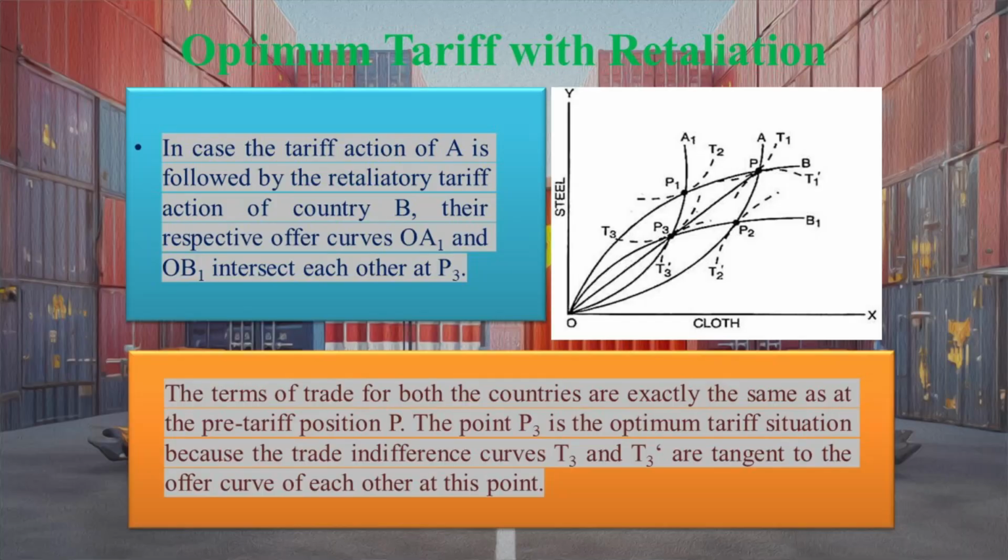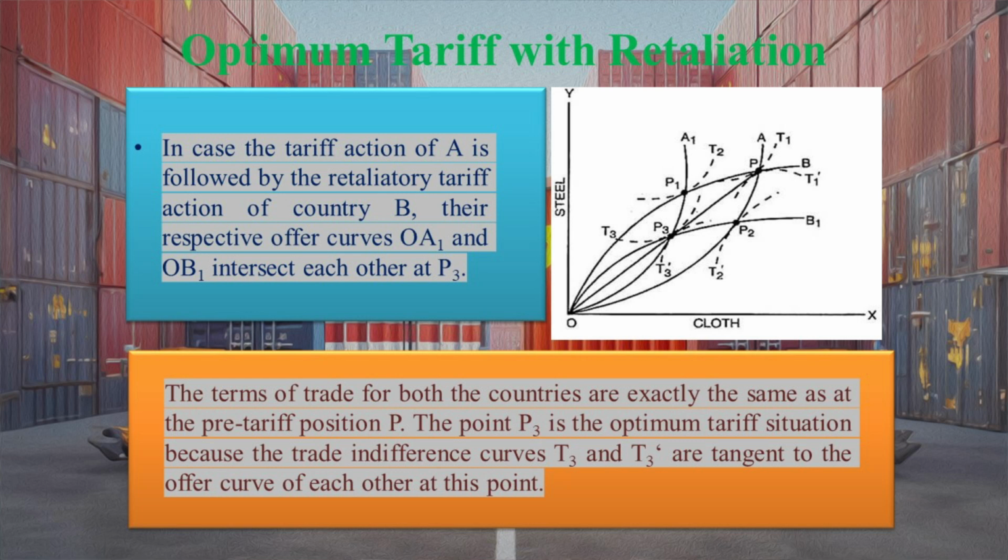So in case the tariff action of A is followed by retaliatory tariff action of country B, their respective offer curves OA1 and OB1 intersect each other at point P3. Now interestingly, when country A imposes tariff and to retaliate country B also imposes tariff, they will intersect at a new point, that is point P3.